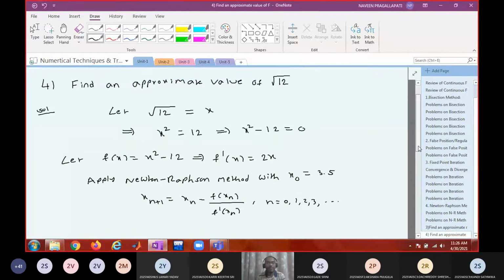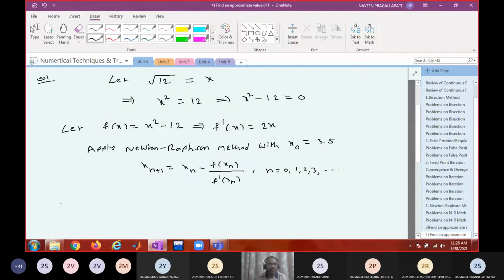So now you find out x1. x1 is x naught minus f of x naught by f dash of x naught. Or you can simplify these things and then write down that formula. Shall we do like that? So can we write it as xn minus, what is f of xn? xn square minus 12 by 2xn.